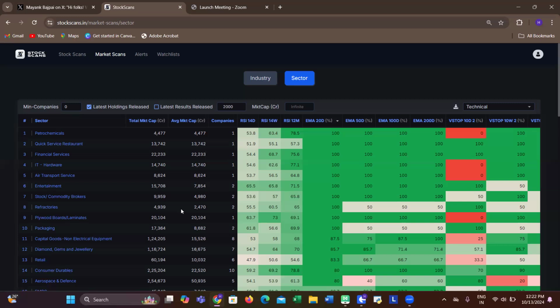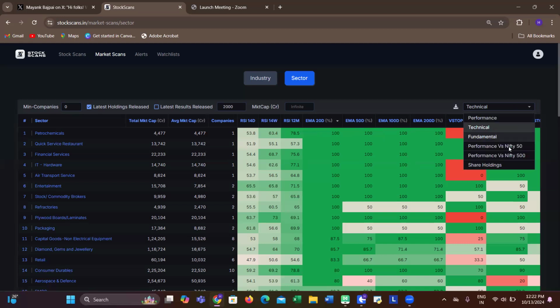It gives you the scan about the sector in terms of what percentage of stocks are above EMA 20 days, EMA 50 days, EMA 100 days, EMA 200 days. And I think they also have a tool which is nothing but volatility stop, I believe. So that is also given over here.